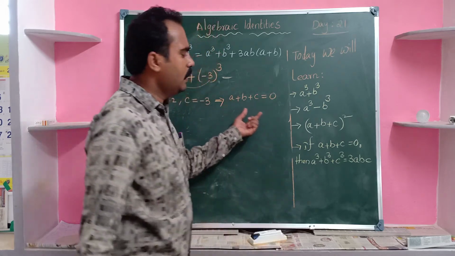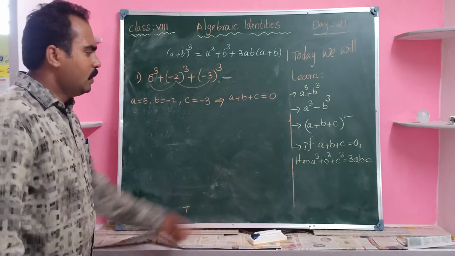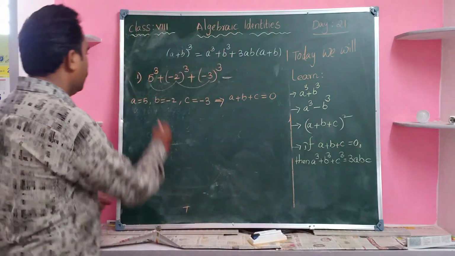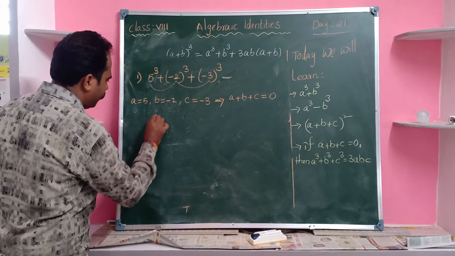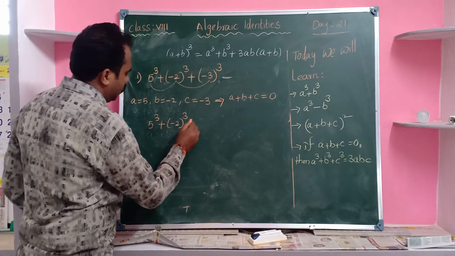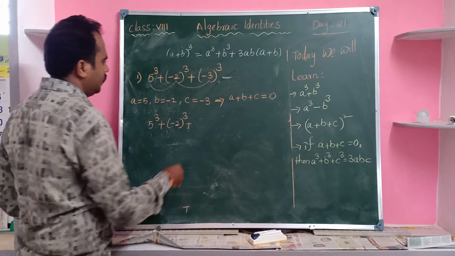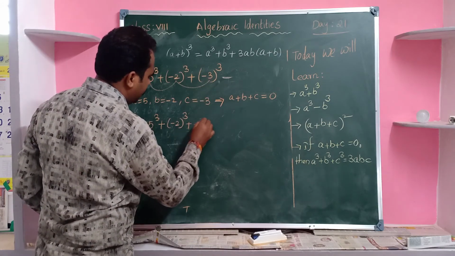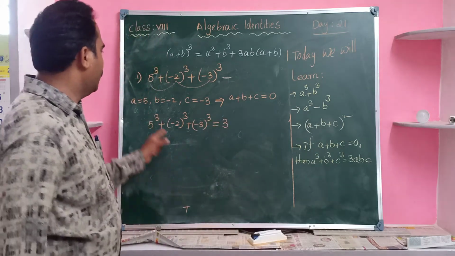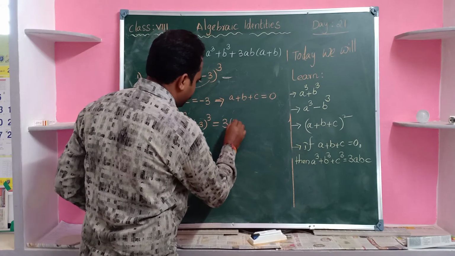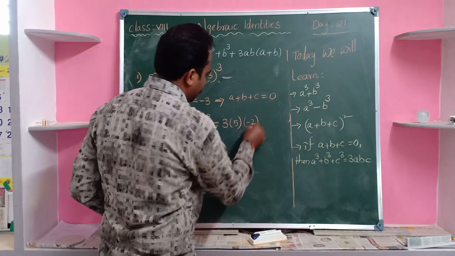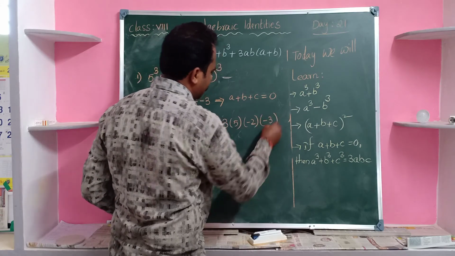If a plus b plus c is equal to 0, then a cube plus b cube plus c cube is equal to 3abc. So a cube means 5 cube plus b cube means minus 2 whole power 3 plus c cube, minus 3 power 3, is equal to 3 into a value 5 into b value minus 2, c value minus 3.